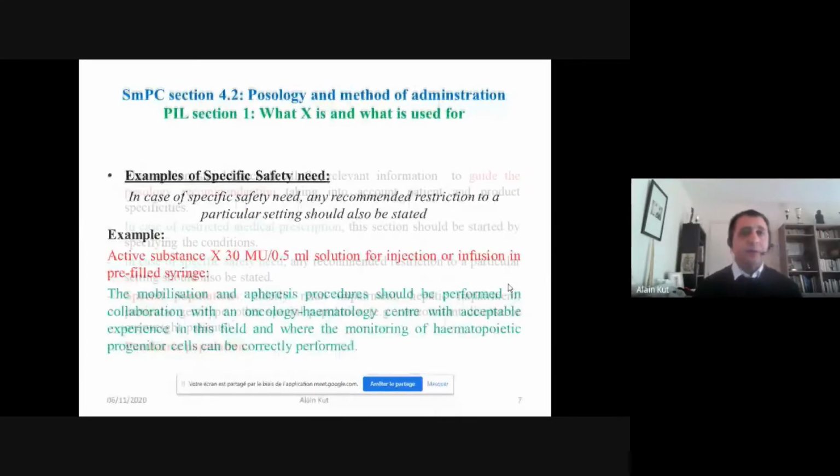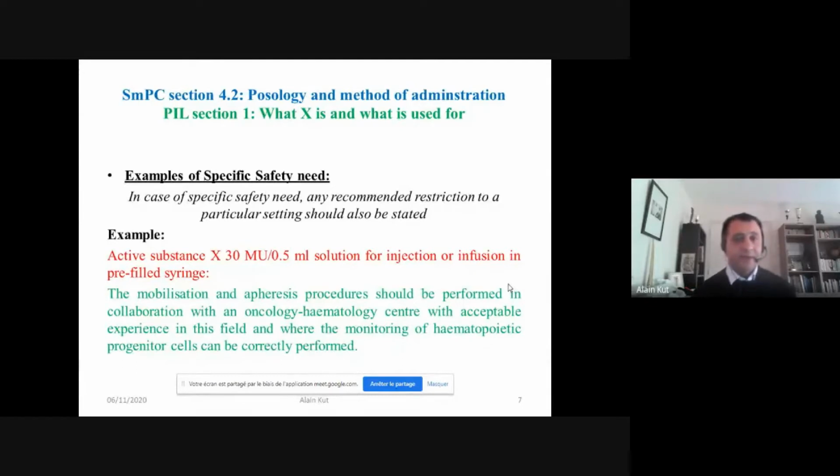An example of a specific need in this section could be any recommended restriction to a particular setting, which should also be stated here. For instance, the mobilization and apheresis procedures.